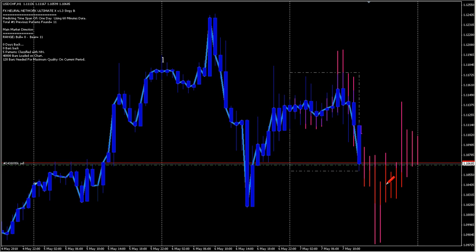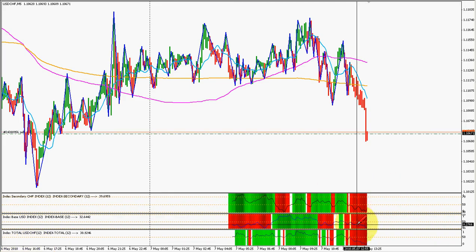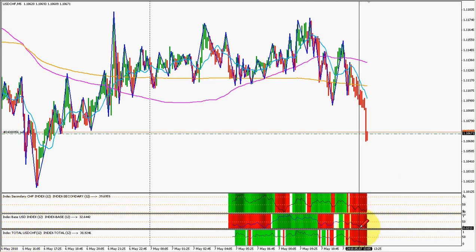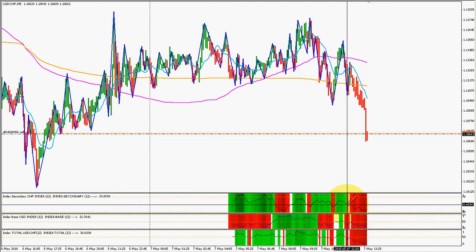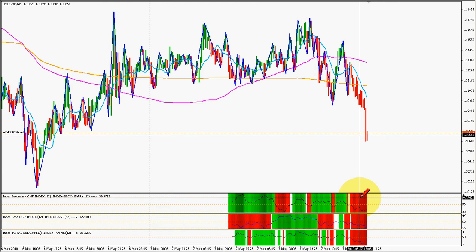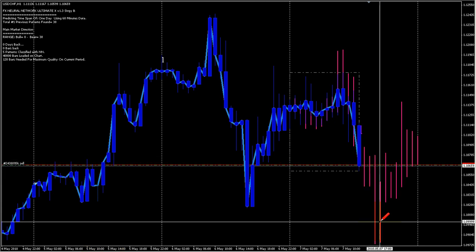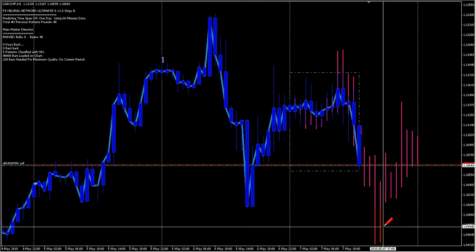Either it's going to trend, and in which direction, and possibly how much, or not. If we were to see, for example, the dollar index pushing it down, but the Swiss index pushing it up, then we know this pair is not going to trend, and most likely this projection down is not going to be true.